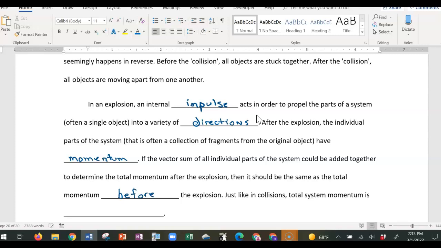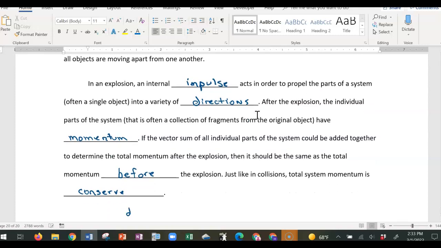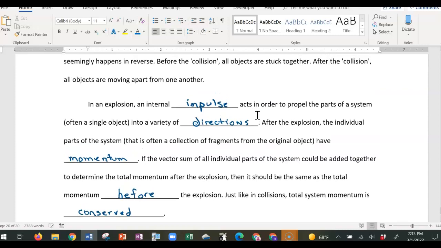Just like in collisions, the total system momentum is conserved. Okay, and that finishes our conclusions.